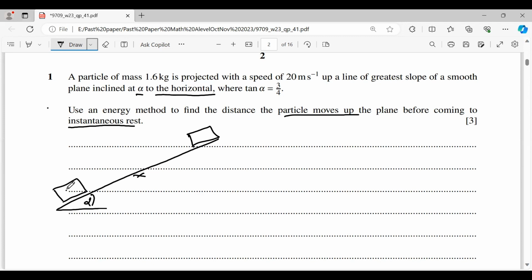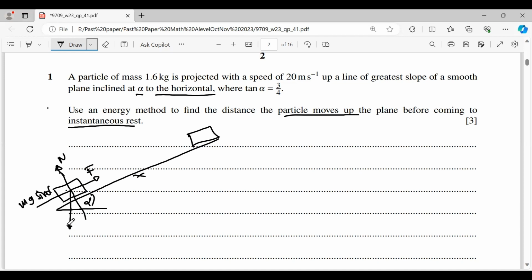Okay. So on this particle there is a force acting upwards, and I'm going to draw all forces acting on this object. Another force, and this is mg sine alpha.